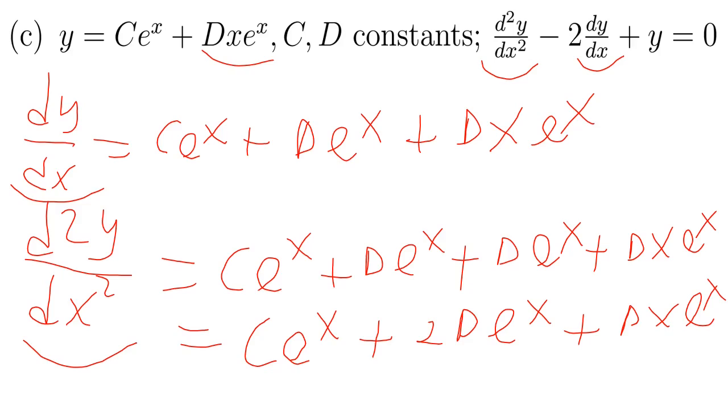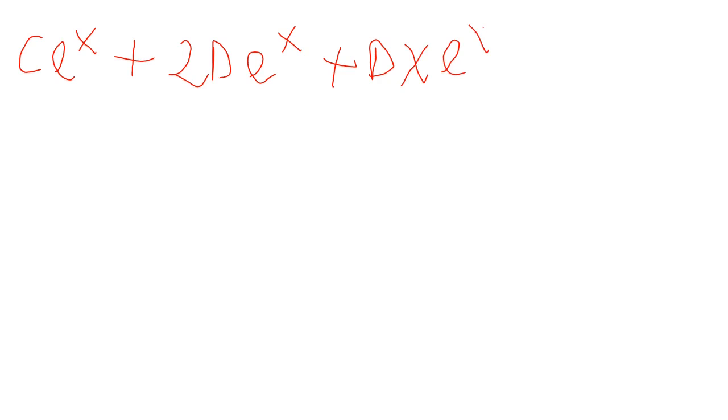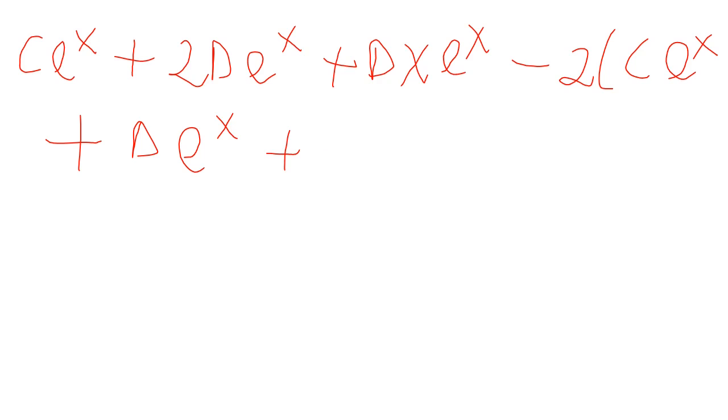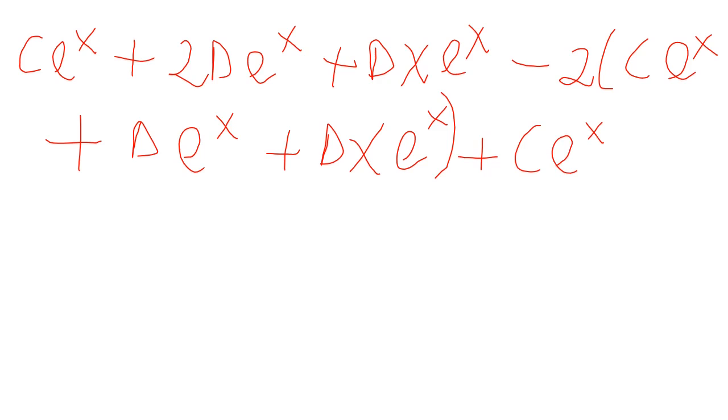So when you do that, you are going to obtain c e to the x plus 2d e to the x plus dx e to the x, minus 2 into c e to the x plus d e to the x plus dx e to the x, plus our y now, remember to close your bracket, c e to the x plus dx e to the x.